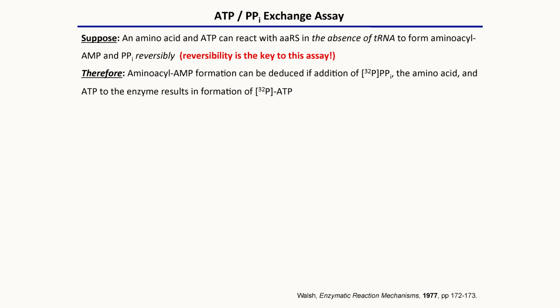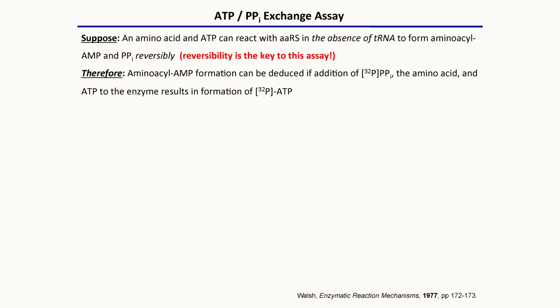Okay, so the reversibility of this reaction is key for ATP-PPi exchange to work. So if this occurs, and they do this reversibly, therefore, we can deduce formation of the aminoacyl AMP if we add radiolabeled PPi, the amino acid and ATP to the enzyme, and we see that radiolabeled phosphorus from the radiolabeled PPi incorporates into ATP.